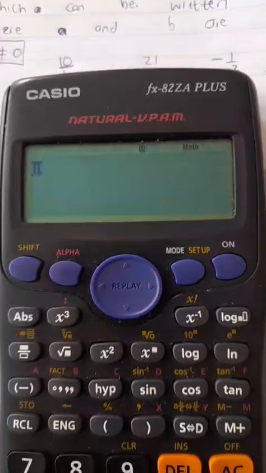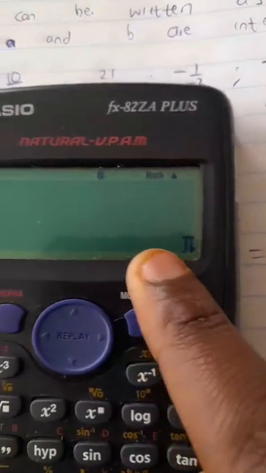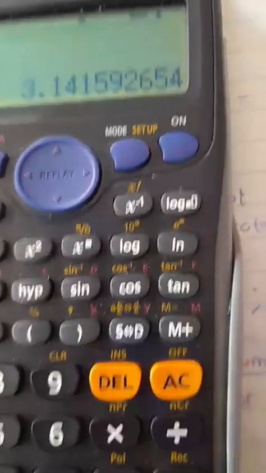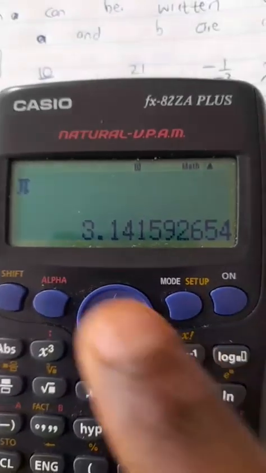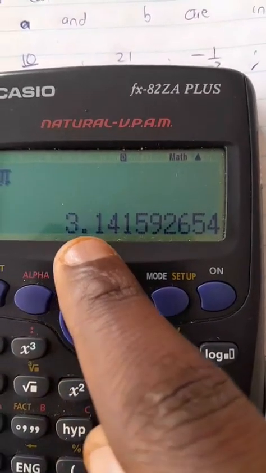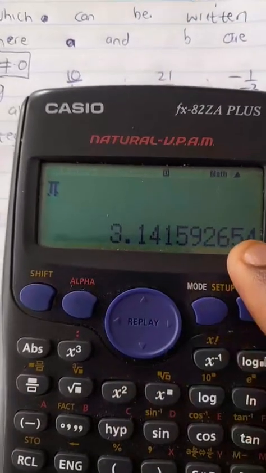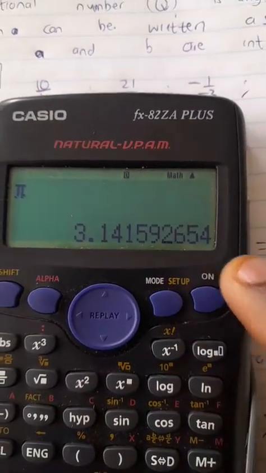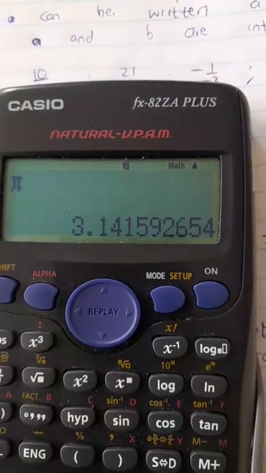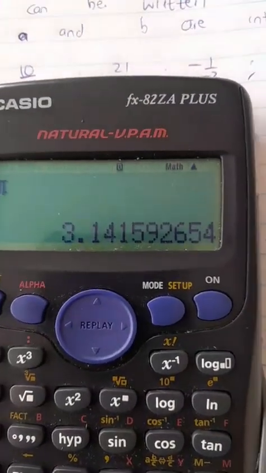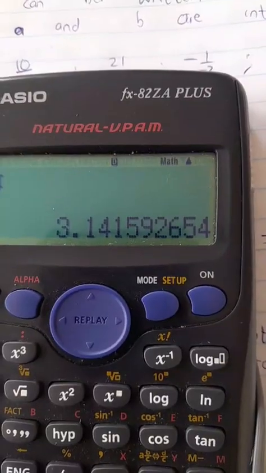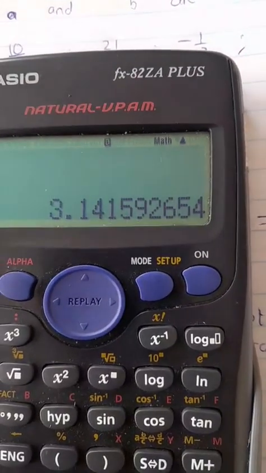Press equal, and then press SD. This here is 3,141592654. Infinite repetition after the decimal? No way. There's no repeated pattern of numbers. Therefore we call this an irrational number.